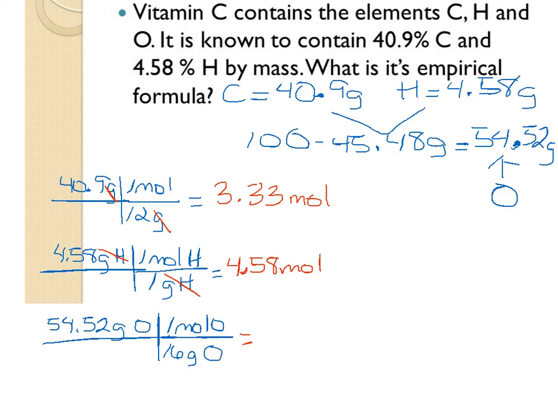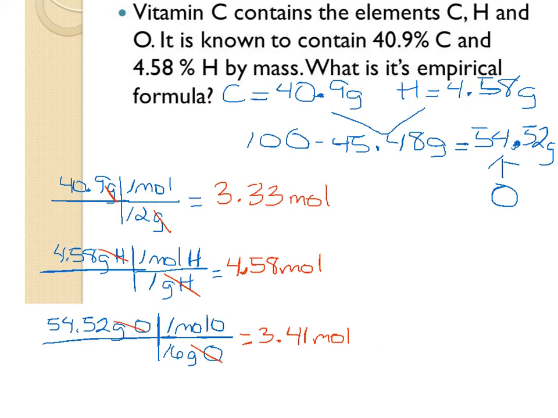And then our last one, we have 54.52 grams of oxygen. Our grams of oxygen will cancel. We're left with moles. So we just divide 54.52 by 16. Comes out to about 3.41 moles.